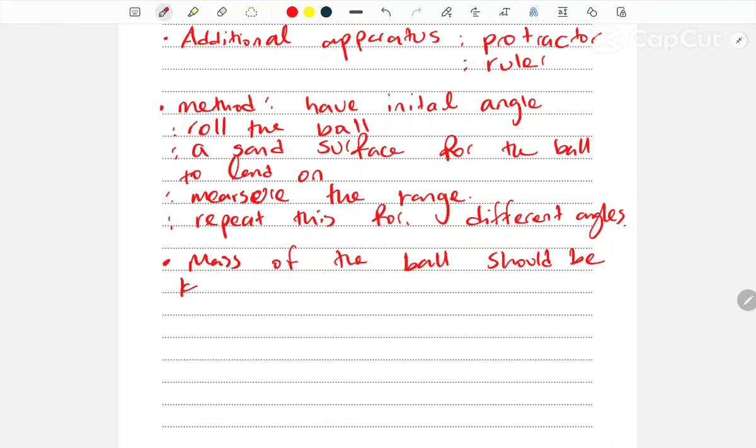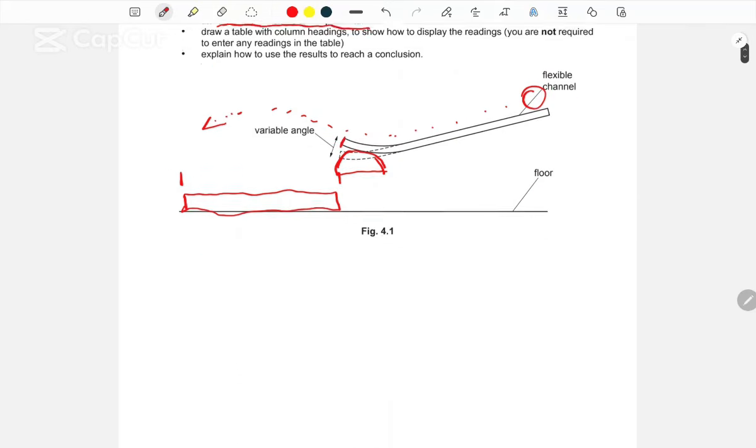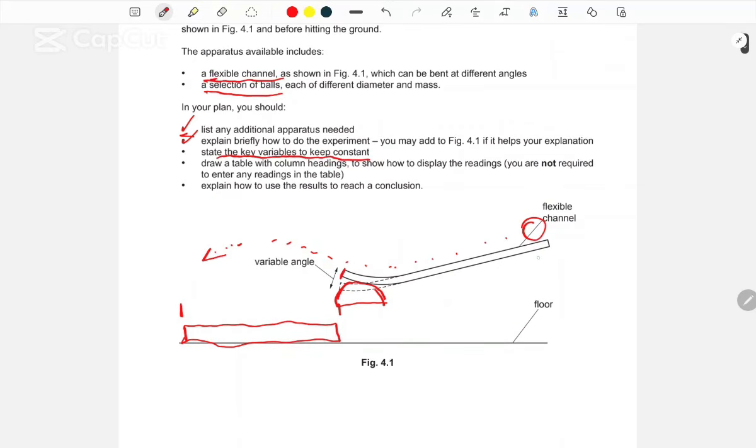And also, when we look at the diagram, the height of the flexible channel should be kept constant. Otherwise, if the height increases, that means a ball would have a higher speed and it could affect the measurement.